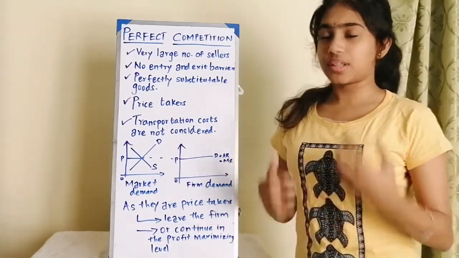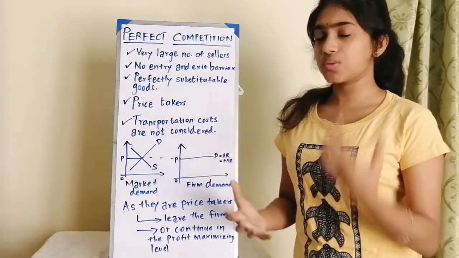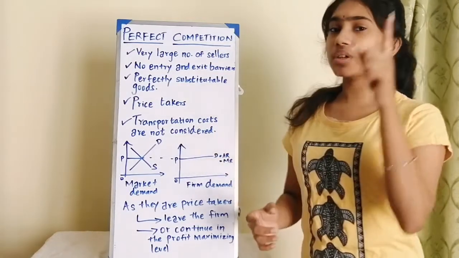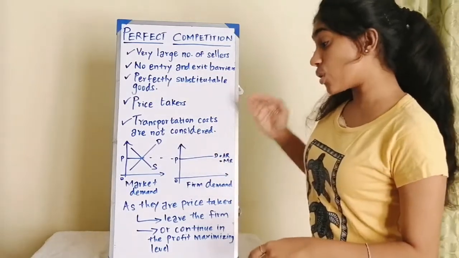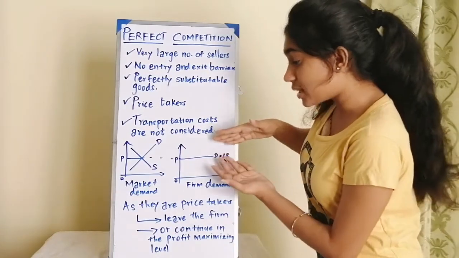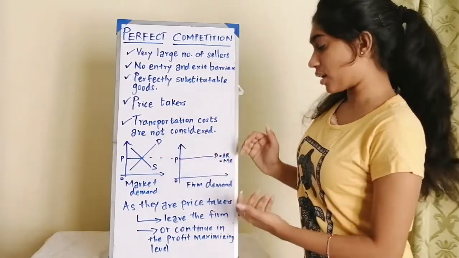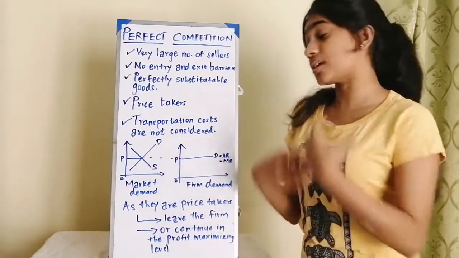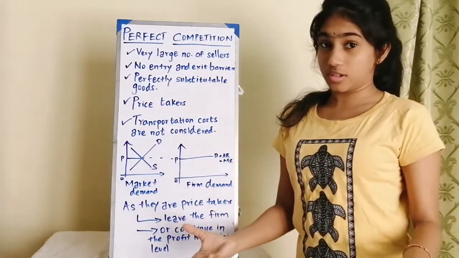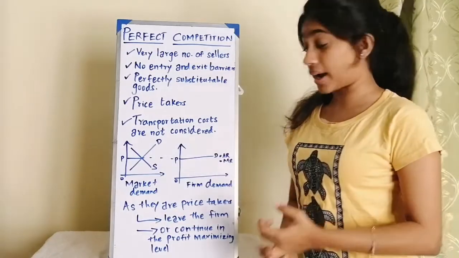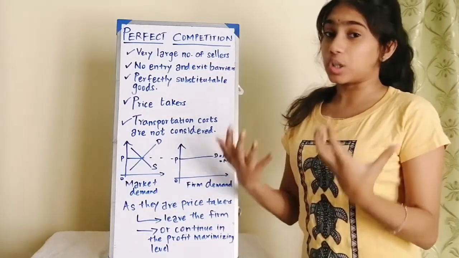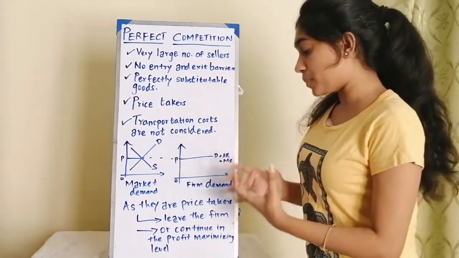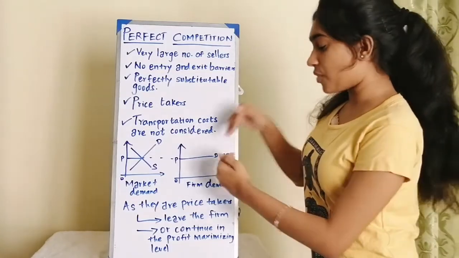Two questions arise: what happens whenever the seller increases or decreases the price other than the price determined by the market? Whenever he increases the price, he will lose his customers and incur a loss. And if he decreases the price, he will again incur a loss because he won't be able to cover the entire cost.